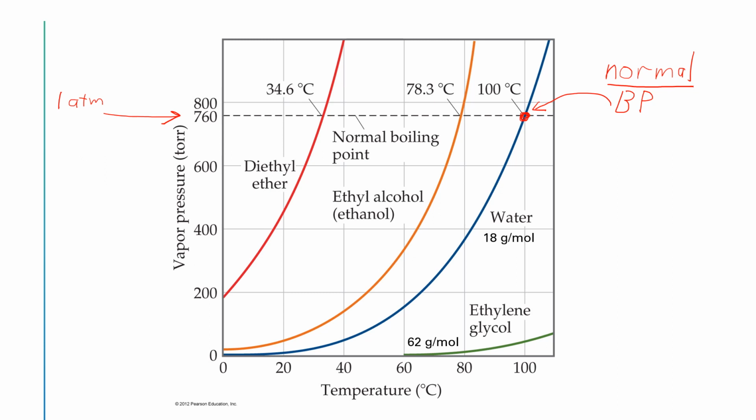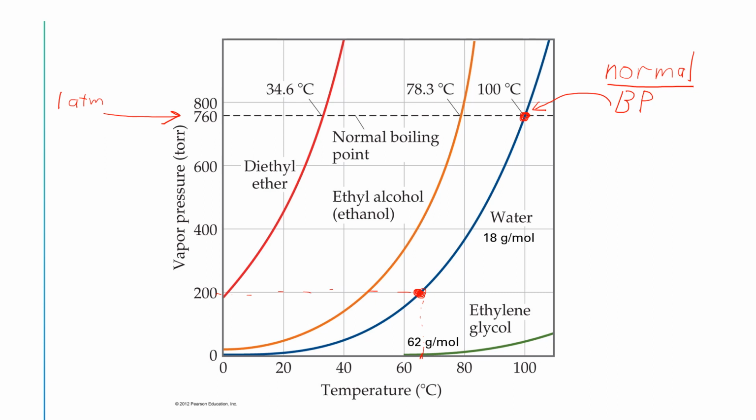So if we drop down to 200, which would be here for the vapor pressure, right? Vapor pressure being 200 torr, the temperature at which the vapor pressure equals 200 looks like it's between 60 and 70 degrees. Just for the sake of argument, I'm going to say 65.